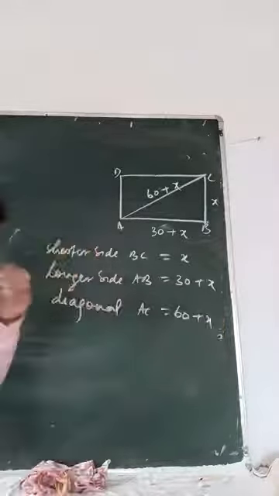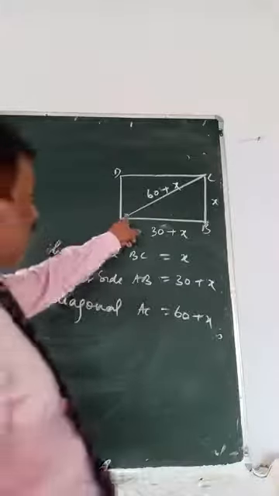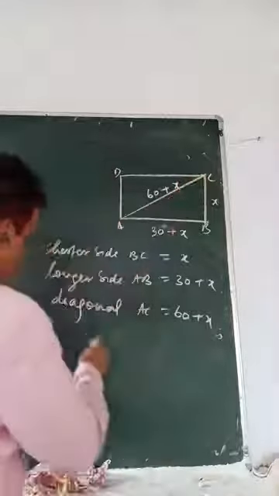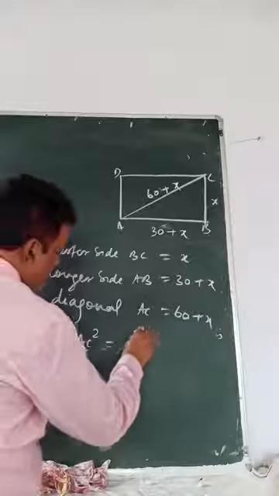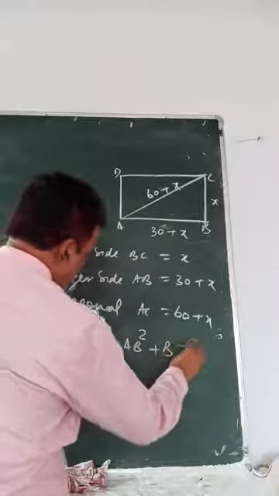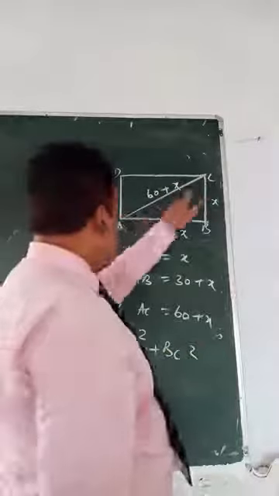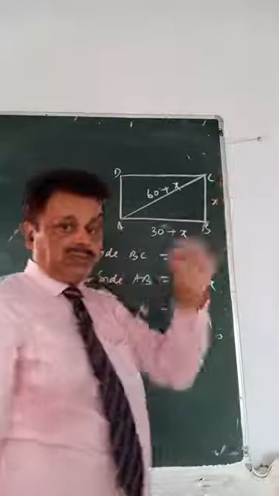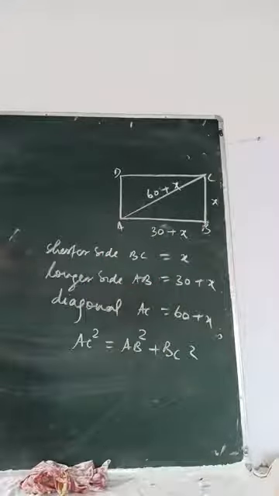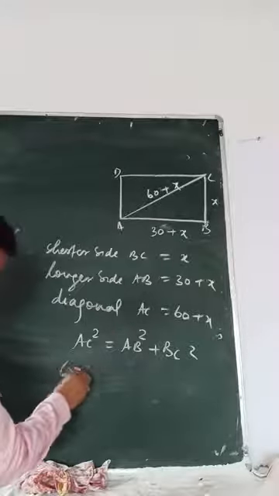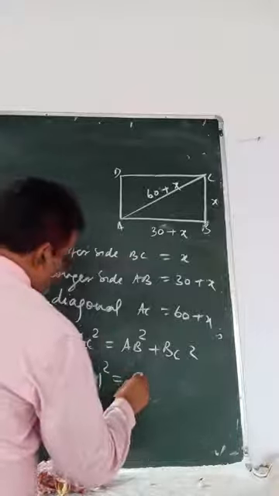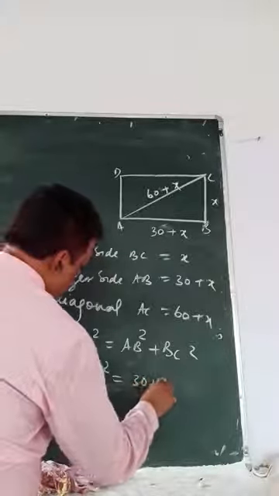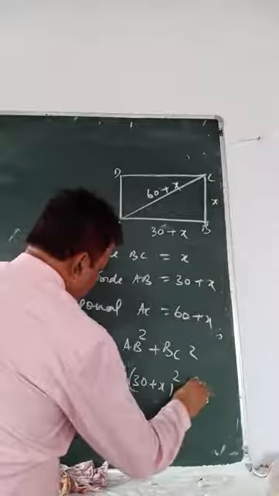As you have studied in class 8 Pythagoras theorem, square of the longest side means AC square equals AB square plus BC square. Okay, so let's put here (60 plus x) whole square equals (30 plus x) whole square plus x square.